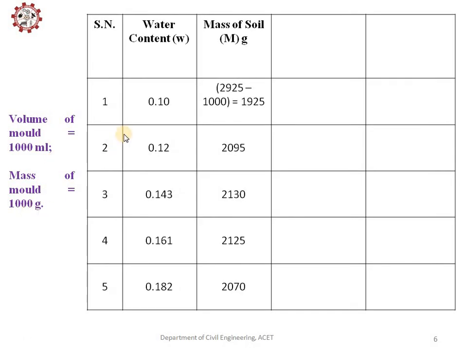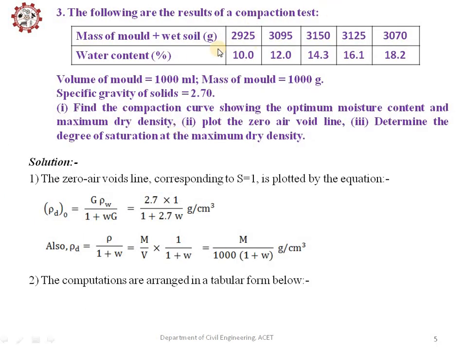As the volume is 1000 ml and the mass of the mold is 1000 grams, we need to calculate it. We are given 5 readings in which water contents are given to us. If the water contents are given as a percentage, we express them as a fraction.